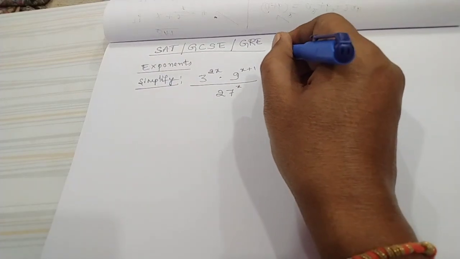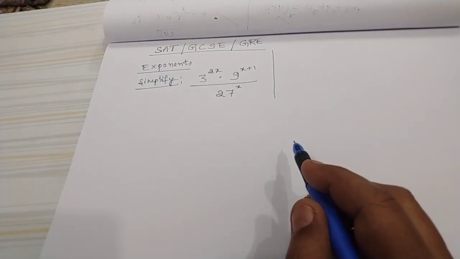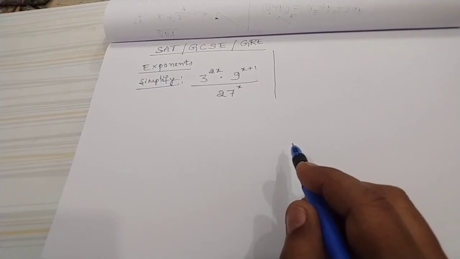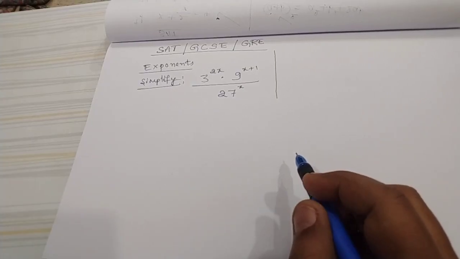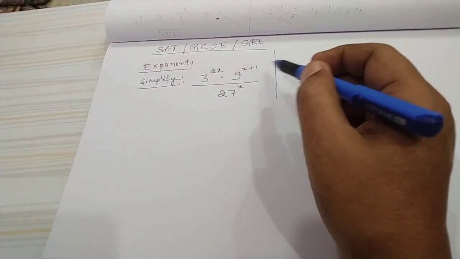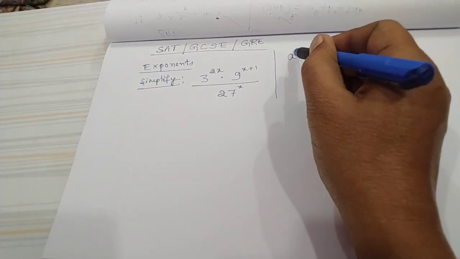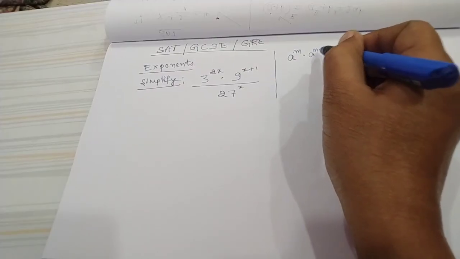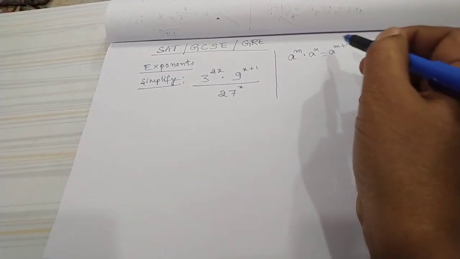To solve this problem we need certain skills, like knowing exponents and writing the numbers in simple form. So we have to be aware of the laws of exponents. First, a to the power of m times a to the power of n is equal to a to the power of m plus n.